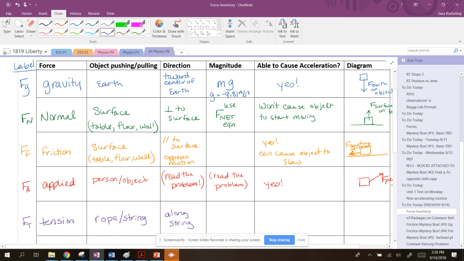Magnitude is, so this would be like a read the problem or use the FNet equation, depending on what it says. Okay, so I'm going to say use FNet or see the givens. Okay. Is a tension force able to cause acceleration? Yeah.